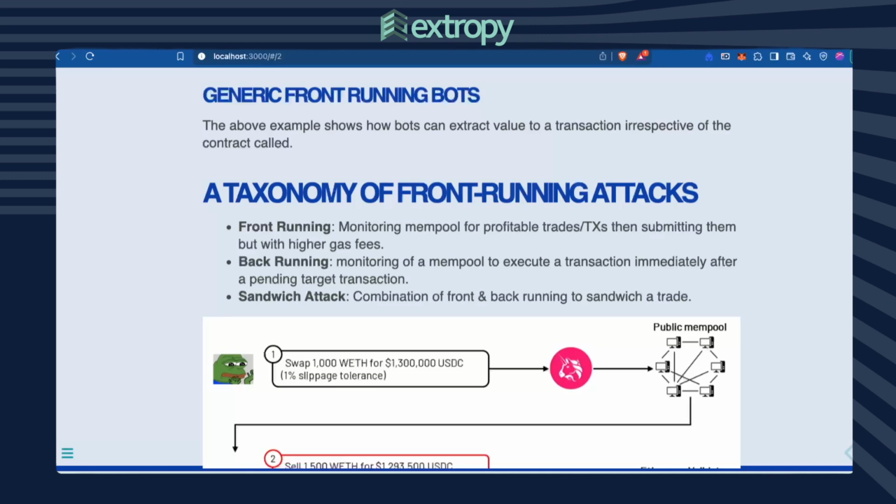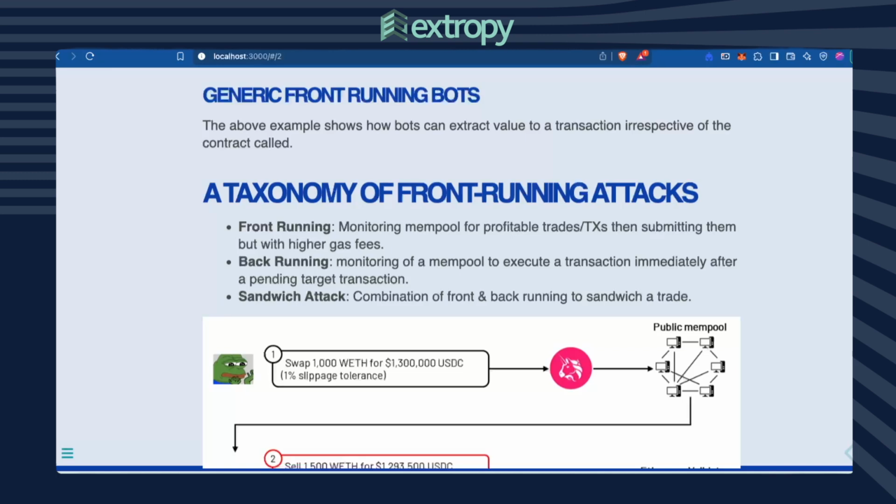Front-running bots simulate your transaction locally, but they put their own address into the transaction instead of your address, and then they check to see whether they make a profit. It could be that by putting in their own address, the transaction fails, or it doesn't make sense, or maybe it does nothing.